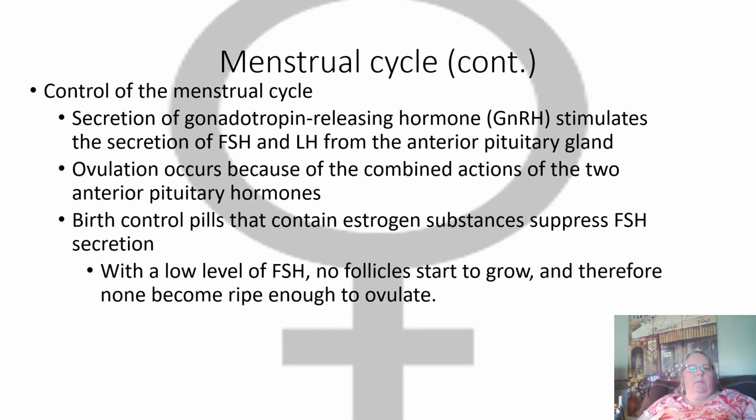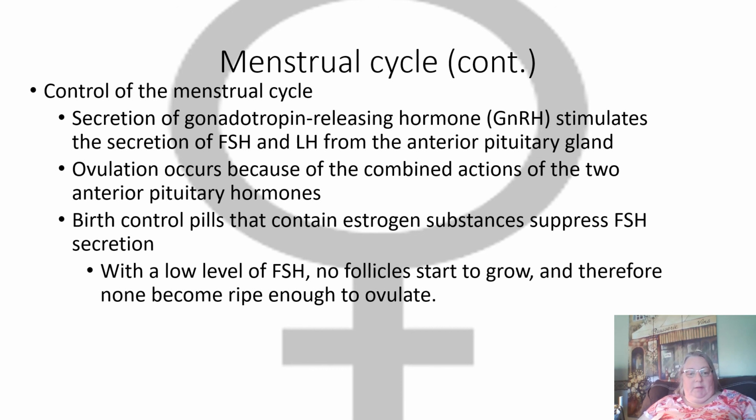This is how the menstrual cycle is controlled. The secretion of the gonadotropin-releasing hormone stimulates the secretion of the follicle-stimulating hormone and the luteinizing hormone from the anterior pituitary gland. Ovulation occurs because of the combined action of the two anterior pituitary hormones.